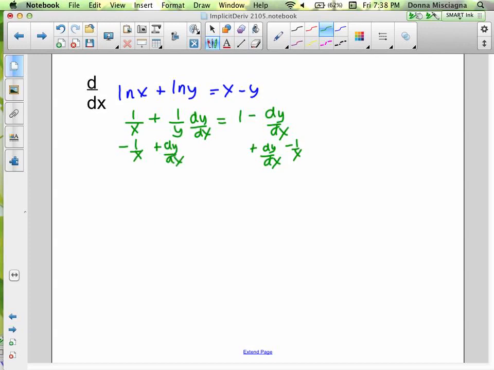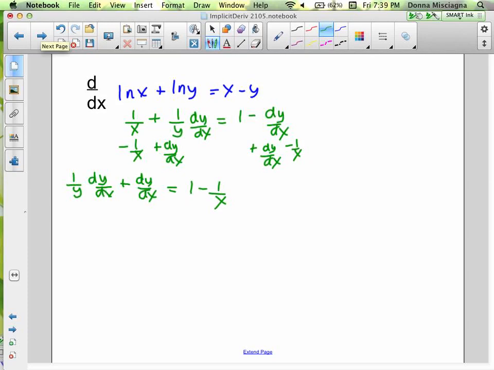So dy dx's are going left, and the constants are going right. To the left, we're going to have the 1 over y dy dx plus the dy dx. On the right-hand side, we're going to have a 1 minus 1 over x. So dy dx is to the left. Non-dy dx is anything else to the right.